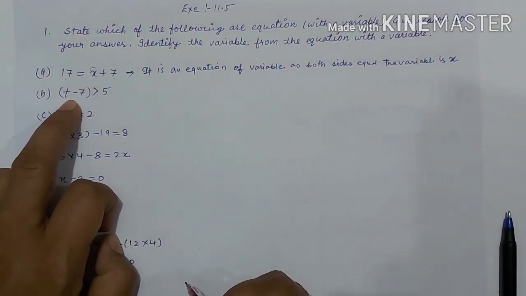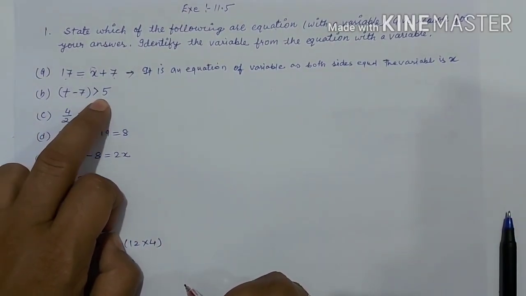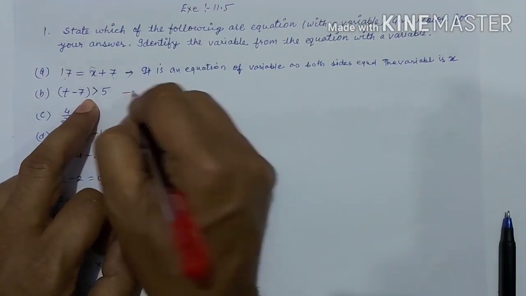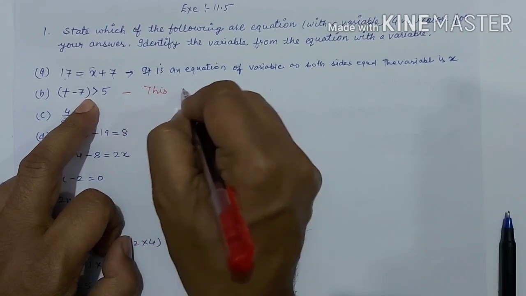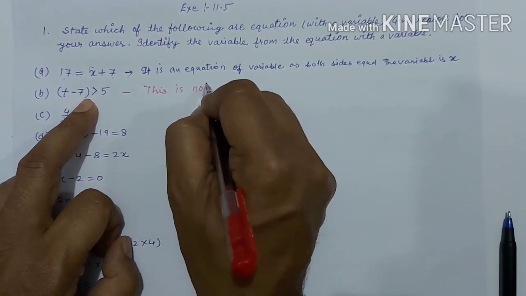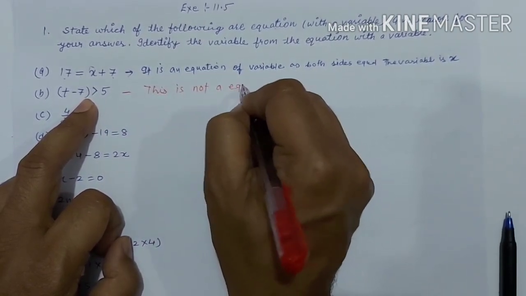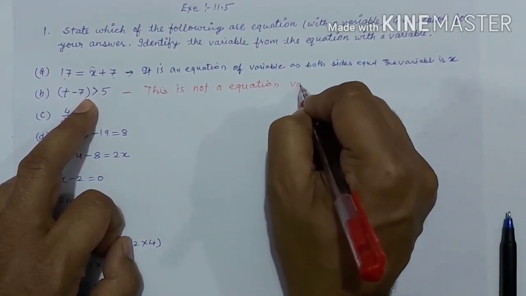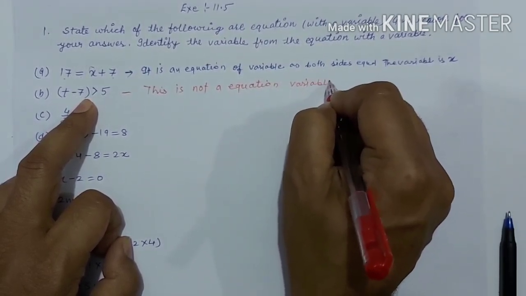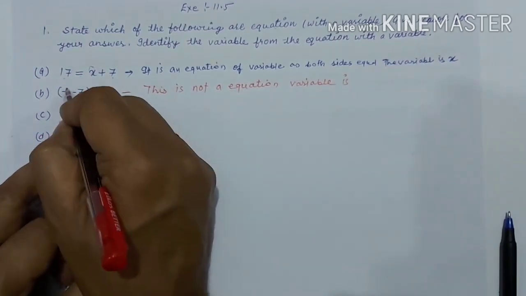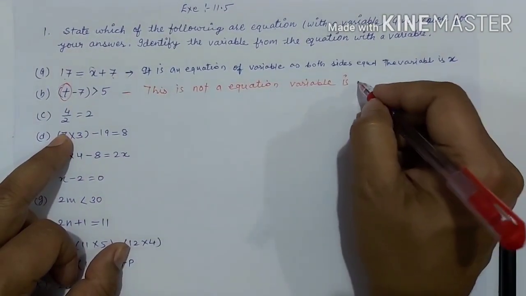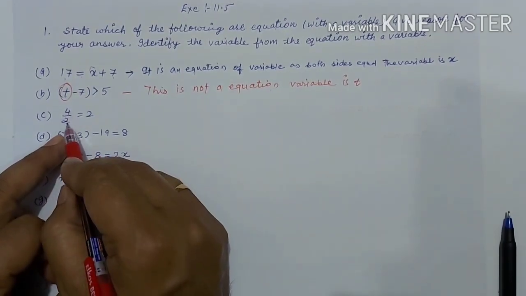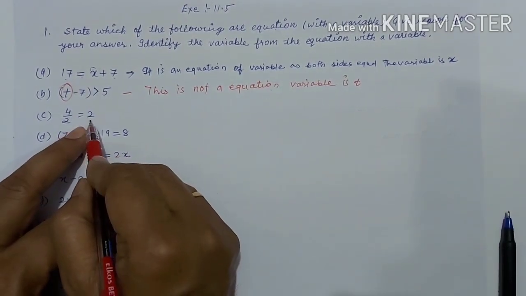Okay, second is t minus 7 greater than 5. It is the sign of greater than, it means this is not an equation, but the variable is t. Now 4 upon 2 is equal to 2.